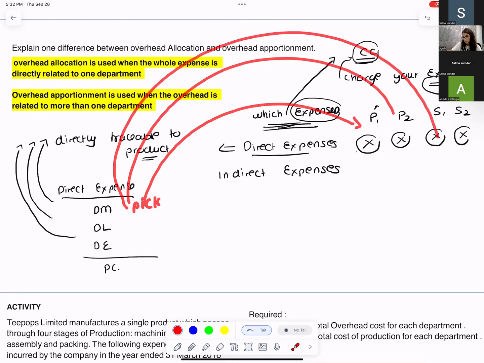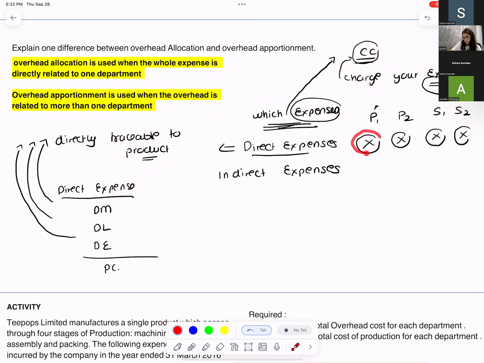So when I exactly know that this entire expense belongs to this department and I pick up the expense and put it to the department, that means I am doing allocation. Allocation of cost.